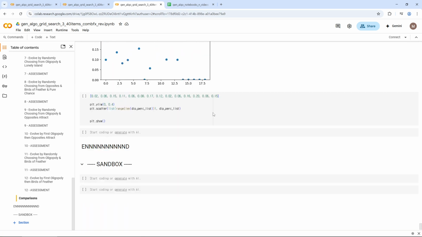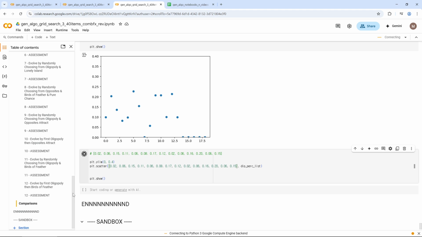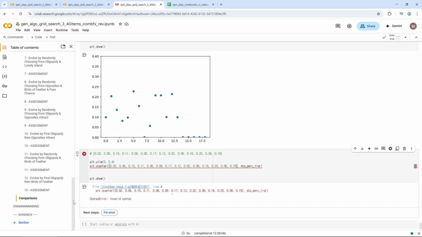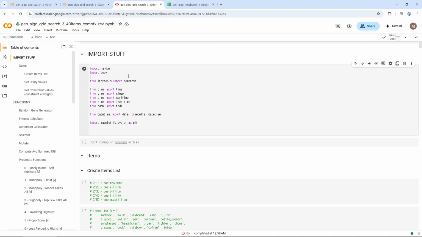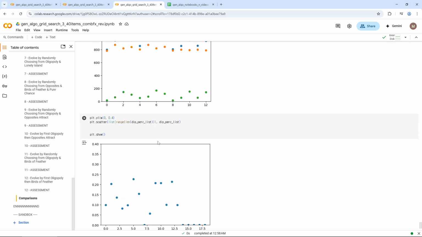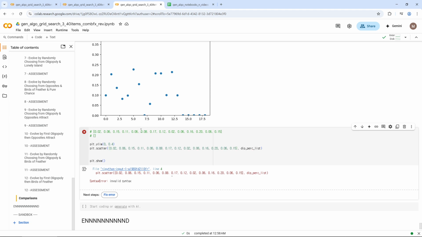So again, we go back to the comparisons because this plot is wrong, my bad. Oh no. That's not gonna work. First, I'm gonna run this and then compare. This was that one, and dip percent list.